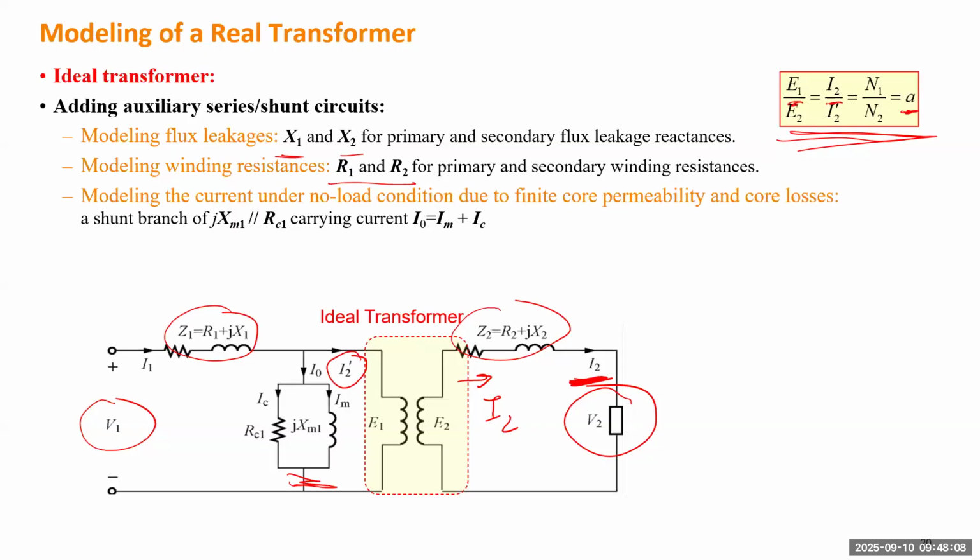So we use a shunt branch. So it will be a reactance in parallel with the resistance. So that will need a minimal current to build up the magnetic field. And that also needs to balance the loss due to the eddy current.